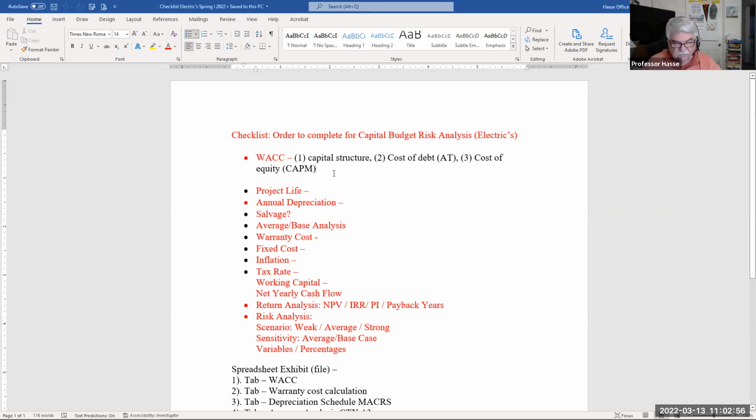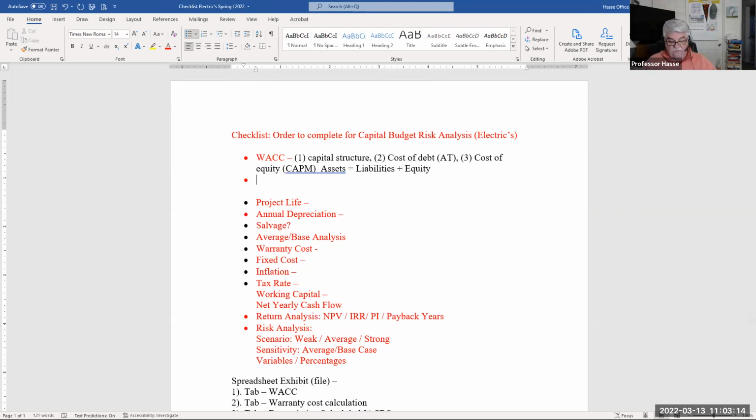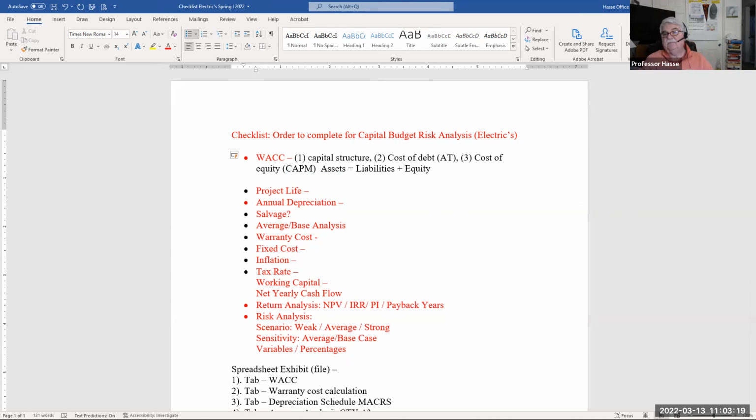Remember, the capital structure is based on assets equals liabilities plus equity. Well, we've all worked on that, especially in case number 3. Liabilities are 70% of assets. That means the equity's got to be 30%. 70% plus 30 equals 100% assets.